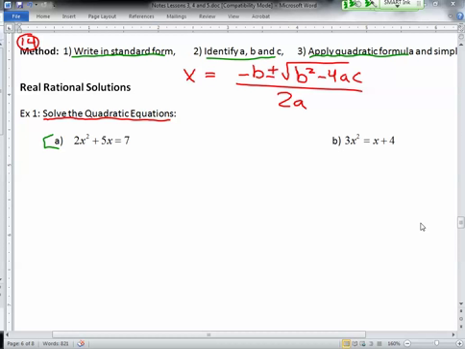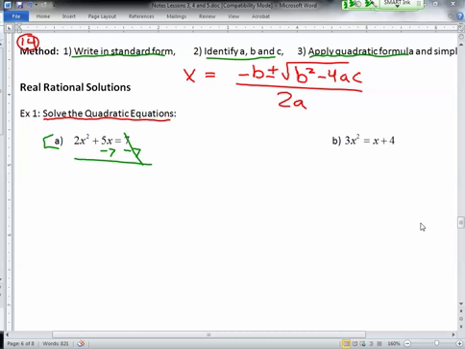So step number 1, write in standard form. That means I need to take this 7 and move it over to the other side so that all the terms are on the same side of the equal sign. But I can't just move it over as a positive 7. What I need to do is subtract it away from this side, and we'll do the same thing to the other side. All right? These are going to cancel out to 0. That's exactly what I want to happen.